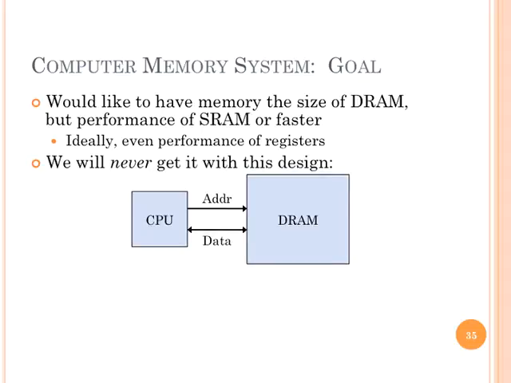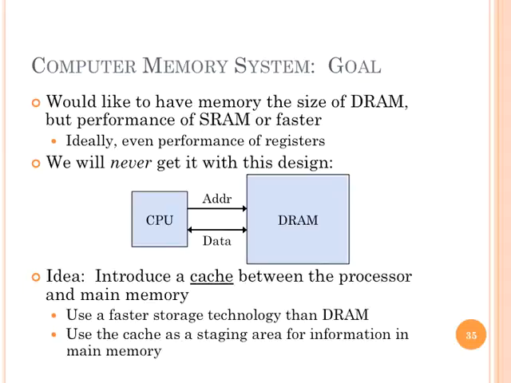And so what we do instead is we introduce a notion of a cache that sits between the processor and main memory. This is the solution that we've used. We've used it for a long, long time. Okay? So like I say, we use some faster storage technology than DRAM, and we use it as a staging area. So when somebody accesses information, we can use that staging area.